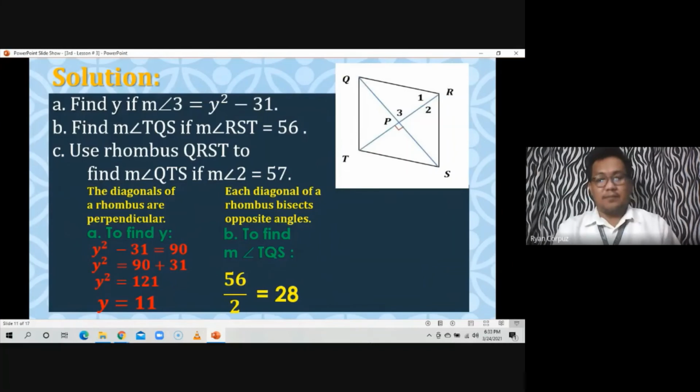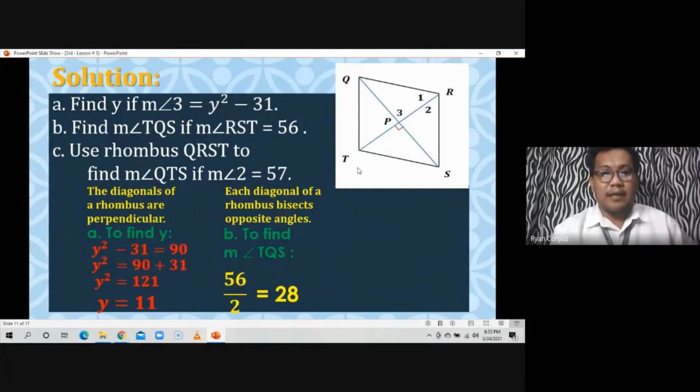So let's move on to letter C this time. Use rhombus QRST to find the measure of angle QTS. This is the angle we are looking for. If the measure of angle 2 is 57 degrees, this angle measures 57 degrees.